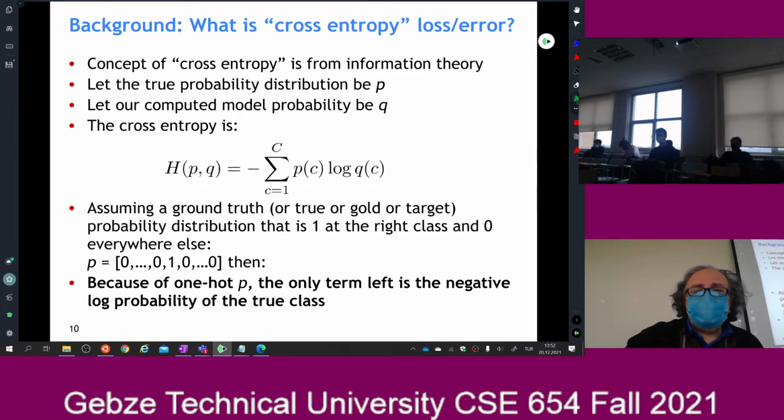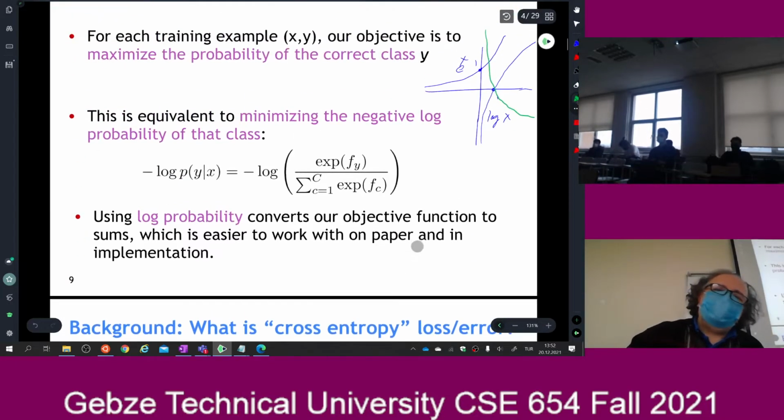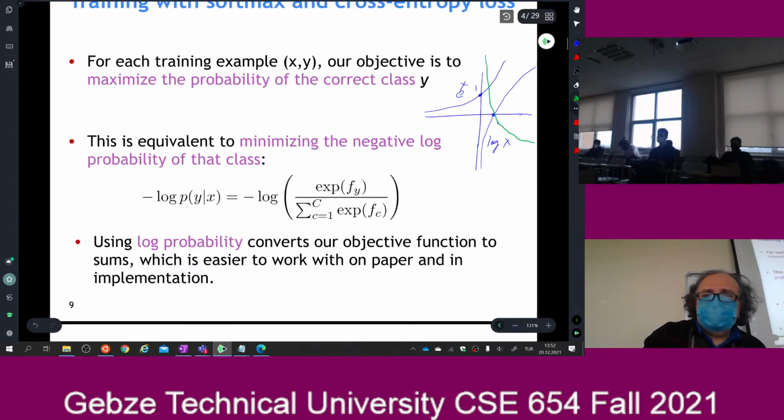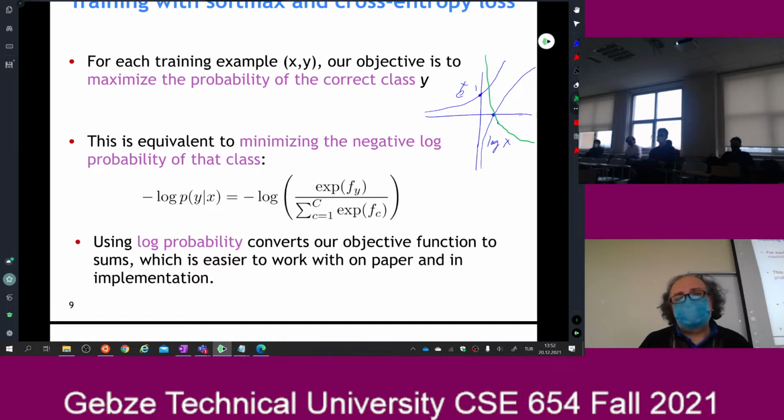We like to use log here. It is not the reason why we are using cross entropy, but using log converts all the multiplications to additions. With computers, adding small numbers is always better, right? That's what we say all the time.